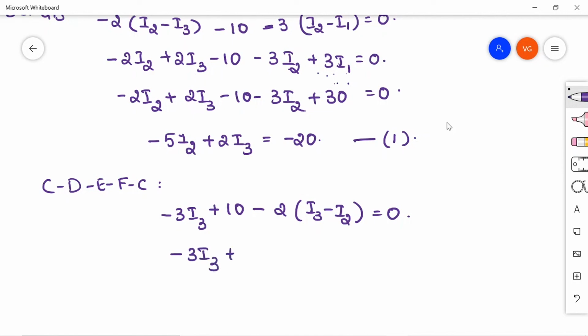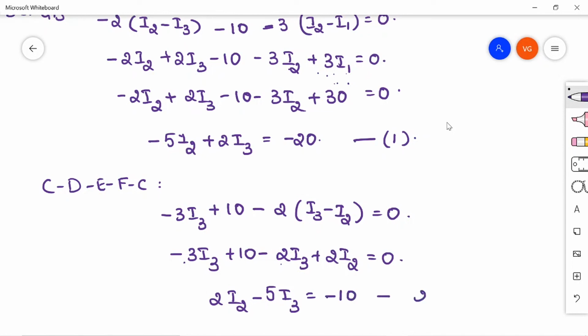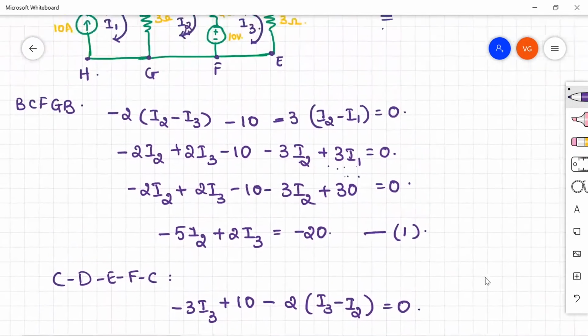Directly you can simplify this: minus 3I3 plus 10 minus 2I3 plus 2I2 is equal to 0. So this is nothing but 2I2 minus 5I3 is equal to minus 10, taking it to the other side. So these are the two equations that I am getting from the given circuit.